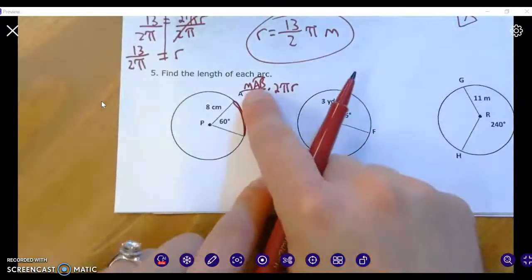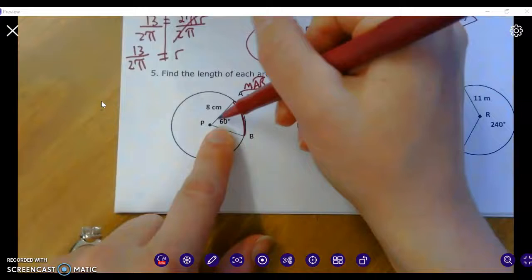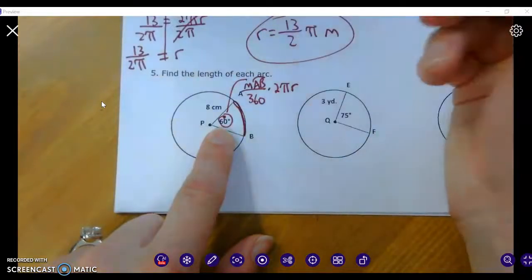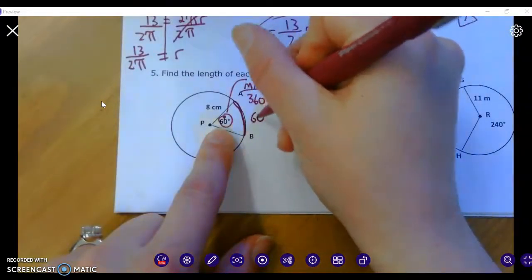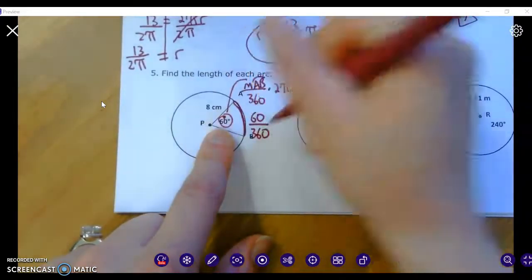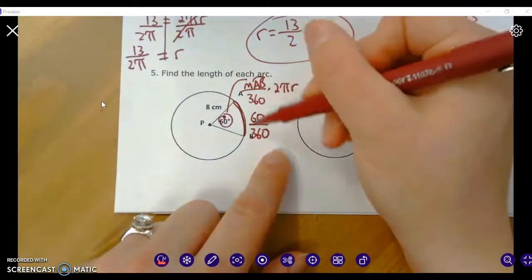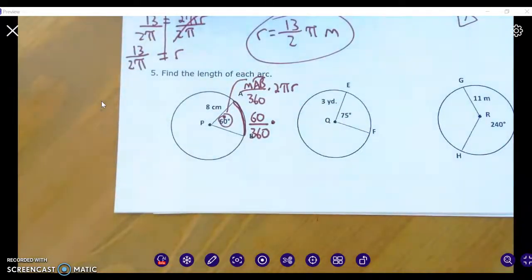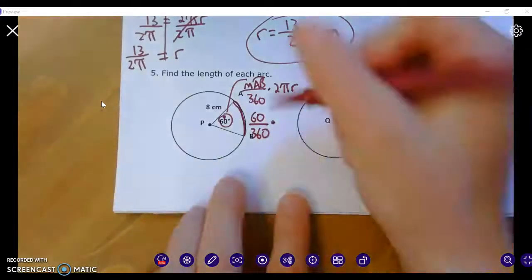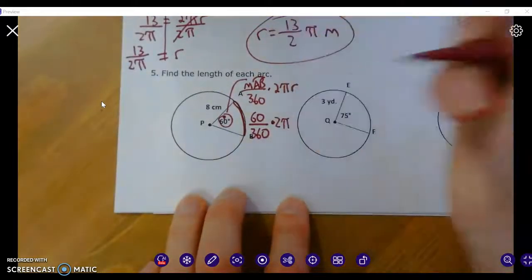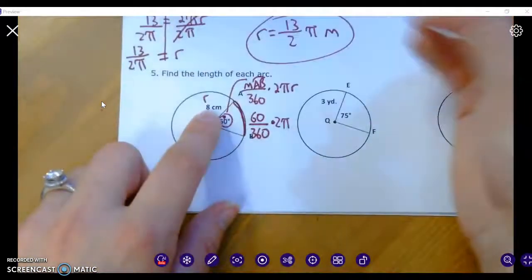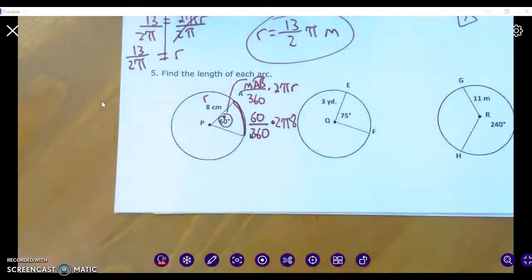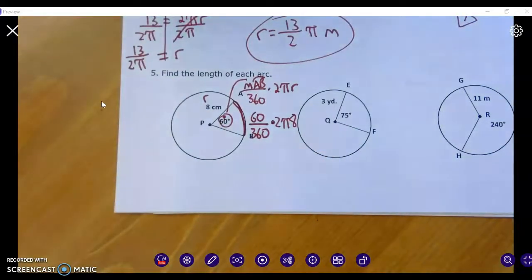Okay, so what goes into this spot is this angle that goes right there. So we're going to have 60 divided by 360. That 360 stayed the same. And then times, here we're going to bring that 2 pi down. And then our radius is this 8. So all I did right now is just plug in what we know.